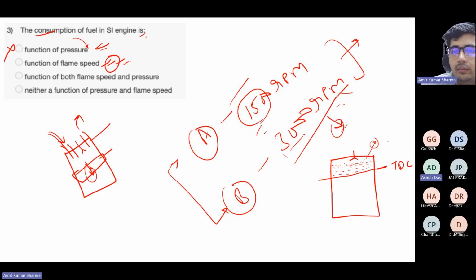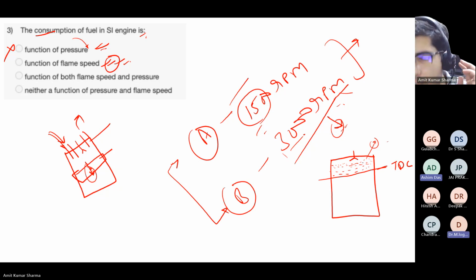After the spark, the expansion will happen. At that time the port will not be open. Due to the energy inside this portion, our cylinder head will go down, so that the crank will rotate.